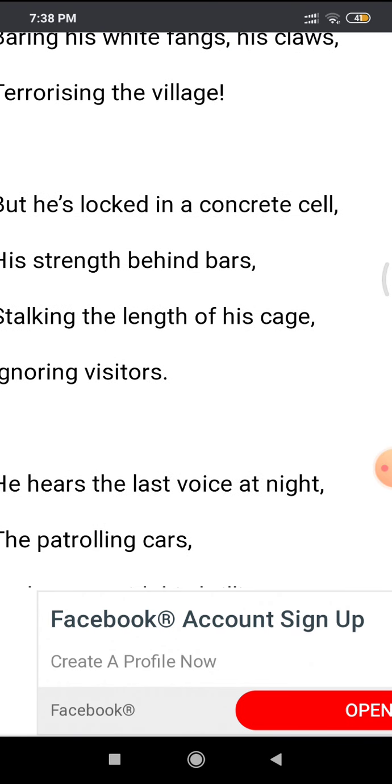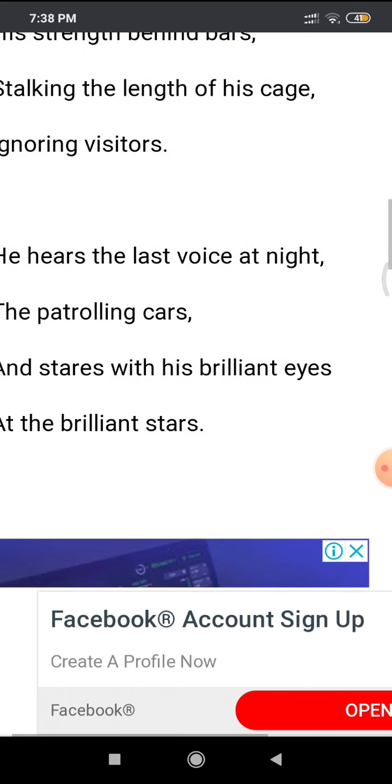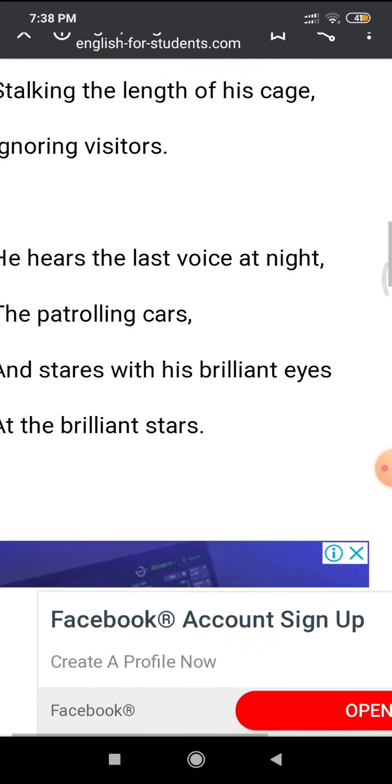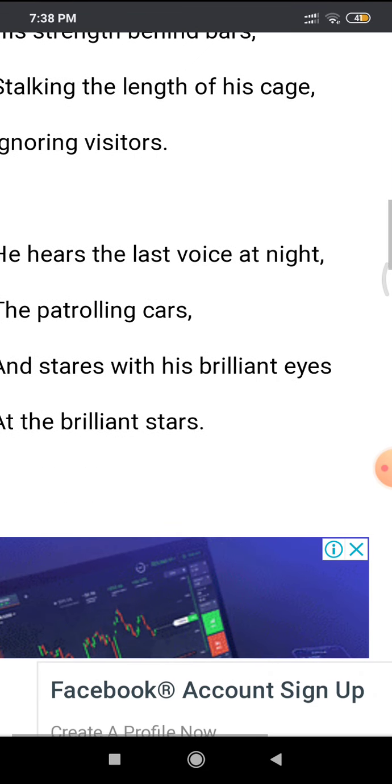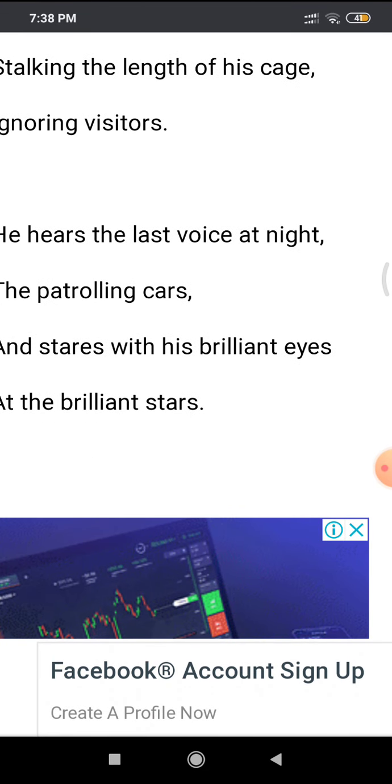Fourth stanza. A, B, C, bars, visitors. When you find out, I don't find A, B, C, D. Okay. Randomly it is written. So no rhyme here. Okay, last stanza. A, B, C, B. A, B, C, B.